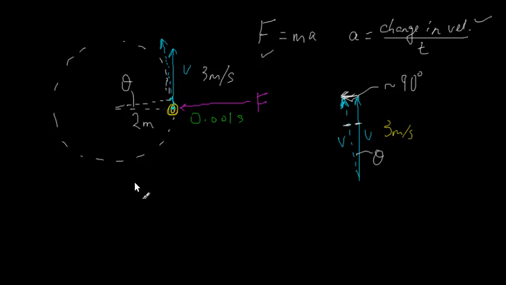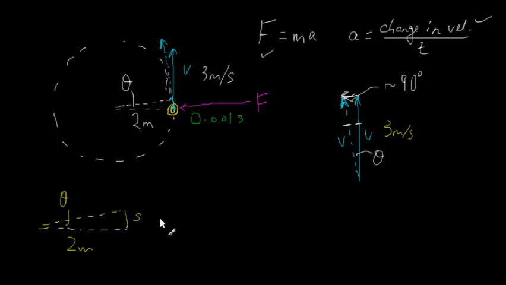Okay, so I'll just draw it out here to make it clearer. Now I have this 2 meter radius from there, and the ball moves for a short time, say over a distance s to this new position, and my angle here is the theta that I want to find.